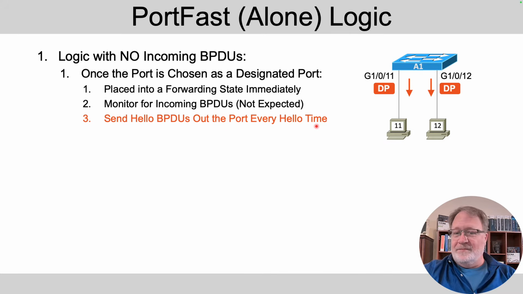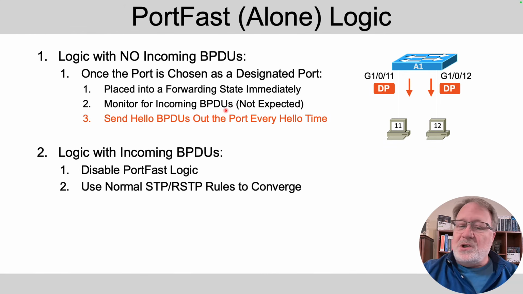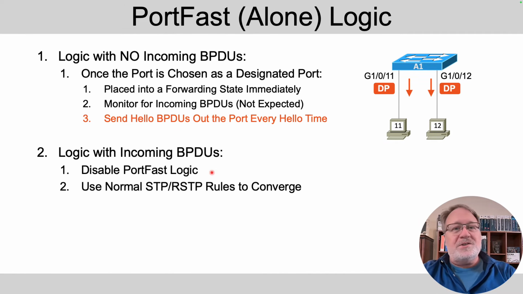By the way, PortFast alone will disable itself if it receives an incoming BPDU and revert back to normal spanning tree rules to converge. And it's that time lag between disabling itself and spanning tree convergence where there might be a temporary forwarding loop. Again, PortFast alone. But we might want additional protections, and BPDU guard is the most typical additional protection.